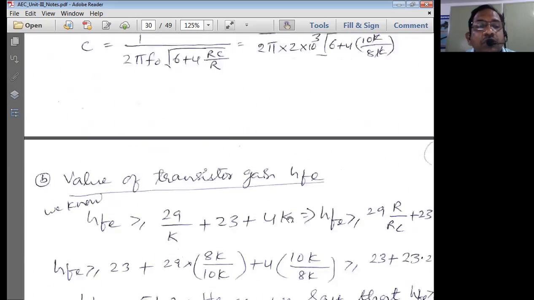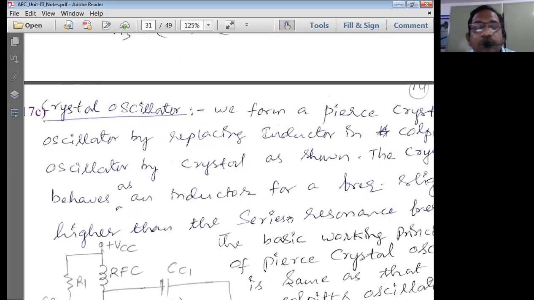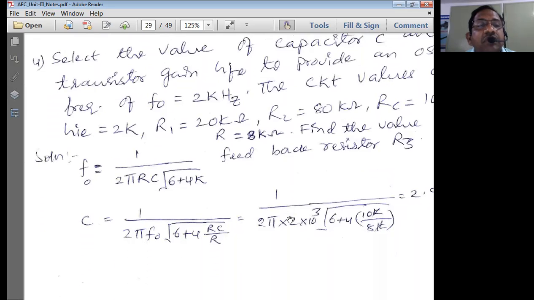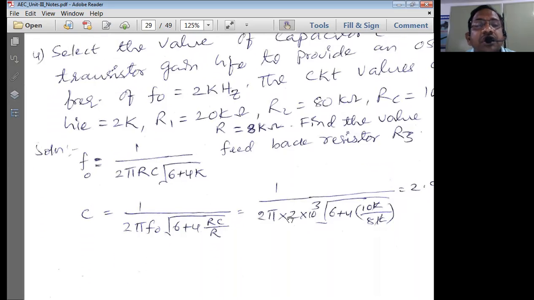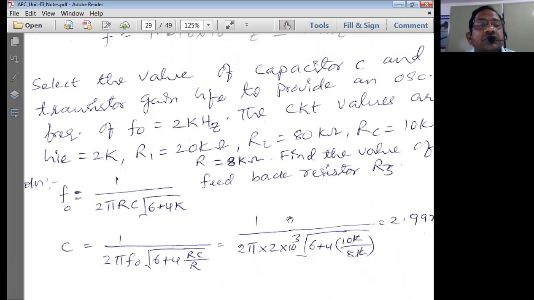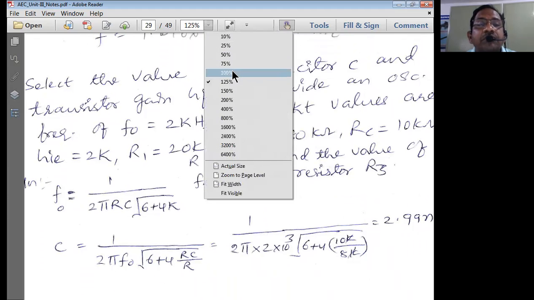One more problem we'll try to solve, for the RC phase shift oscillator. Giving the values and substituting them directly is very easy, so that is why I did not take that part. Let us go with the RC phase shift oscillator problem.